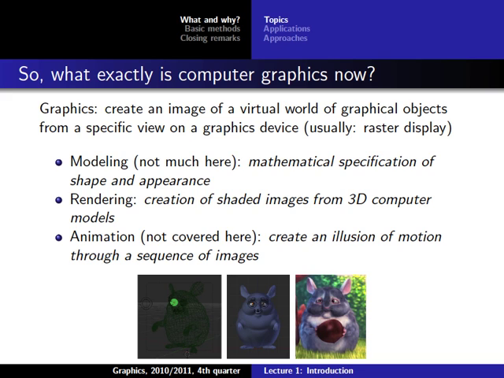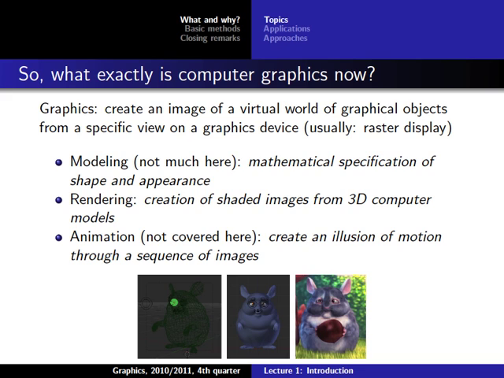So what we have is the idea of a three-dimensional virtual world that we want to represent, and then we want to create an image as if you were to look into that world and take an image with your camera. And so this is basically the process. We have to create this virtual world, and then we have to use this virtual world to create a two-dimensional image of it.